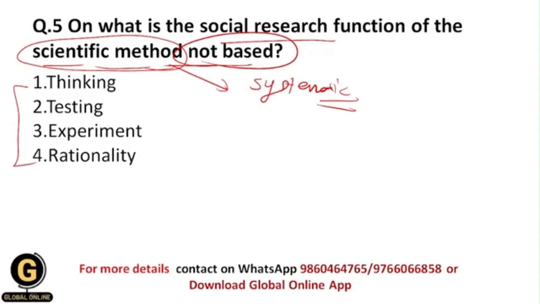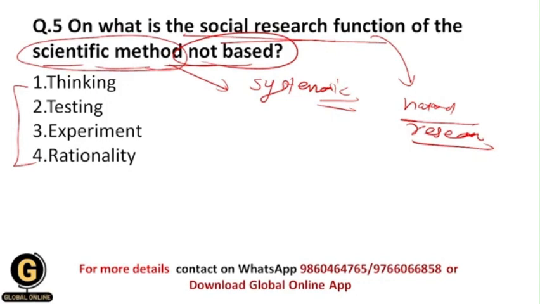Okay, and social research function is similar to the natural research function. Social research function means that here we are studying the society. We are studying the interaction of human behavior with the society. This is nothing but the social research function.